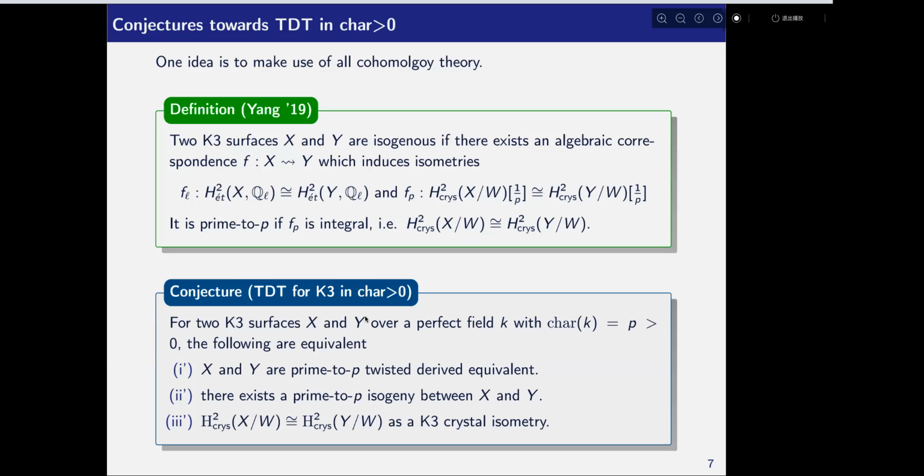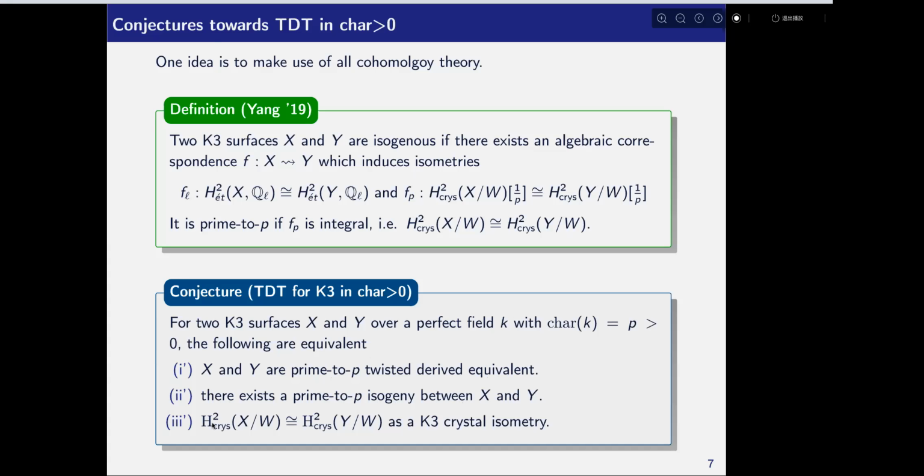The conjecture here is about two K3 surfaces x and y over some perfect field. This field will be in positive characteristic, and we believe that the following conditions are equivalent: x and y are prime to P twisted derived equivalent; there exists some prime to P isogeny in the sense of Yang between x and y; and their integral crystalline cohomologies are isometric as K3 crystals.